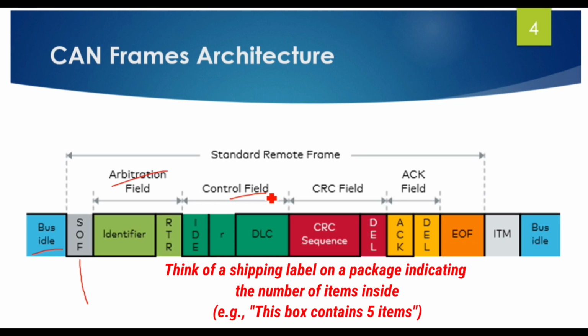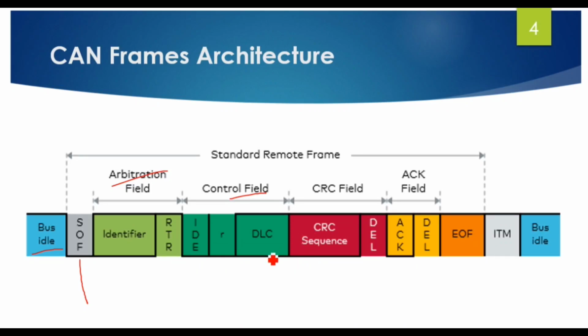You can think of a shipping label on a package indicating the number of items inside. For example, this box contains 5 items. The DLC helps the receiving node know how much data to expect. I'm just giving you the real world scenario, then I will tell you the technical one also.